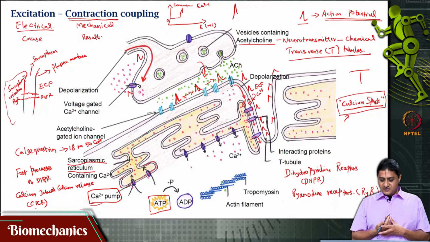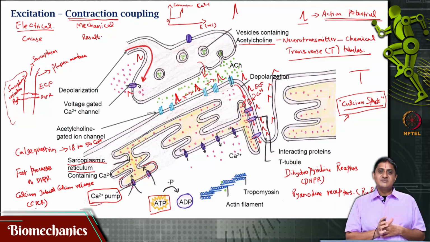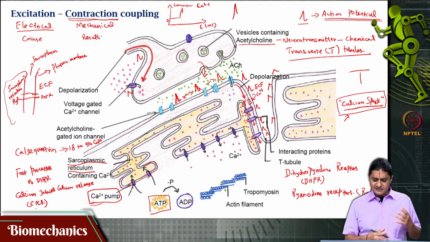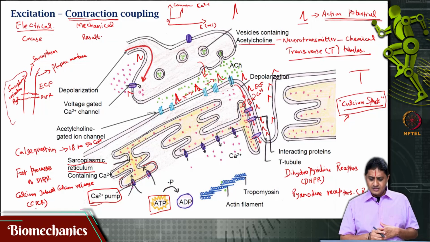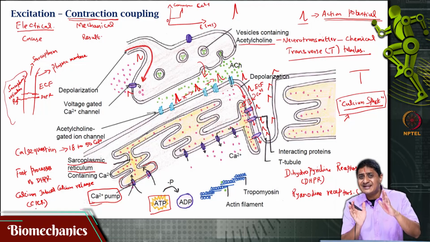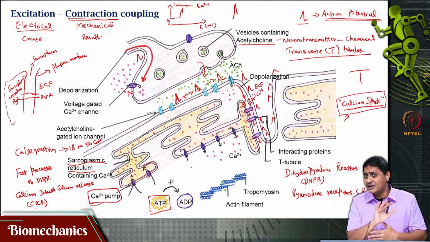In the good old days, it was thought this is how calcium is released from the sarcoplasmic reticulum. From the outside of the cell, calcium is entering, and that opens the calcium channels of the sarcoplasmic reticulum. But now it is understood that this happens only in a specific kind of muscle cells, but not in all the muscle cells.